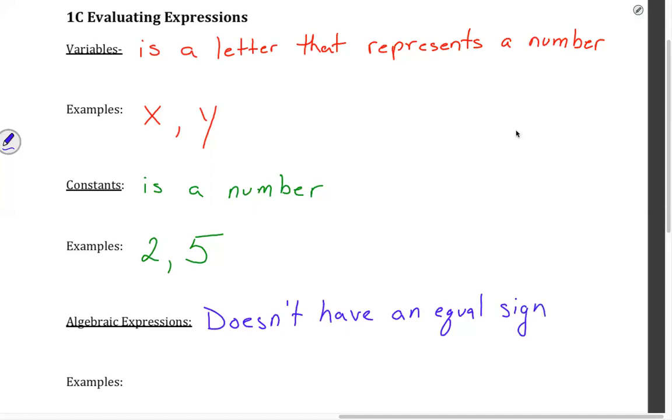So basically, this is an expression. Notice no equal sign. 2x plus 5. y minus 2. Both of these are expressions because there's no equal sign. So the difference between an expression and an equation is simply one has an equal sign and one doesn't.